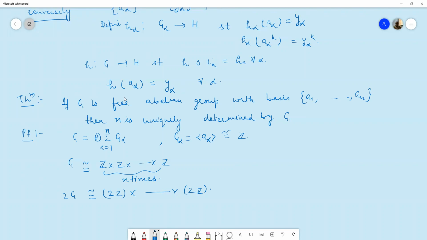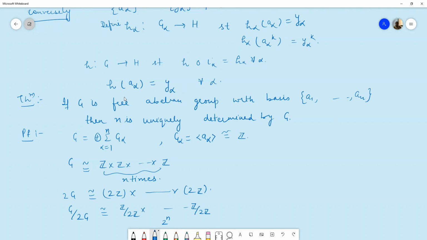So we can define the quotient group G upon 2G. So this is isomorphic to the group Z upon 2Z cross Z upon 2Z, n times, and we know Z upon 2Z has cardinality equal to 2. So this group has cardinality 2 raised to n. So it means G upon 2G has cardinality 2 raised to n.